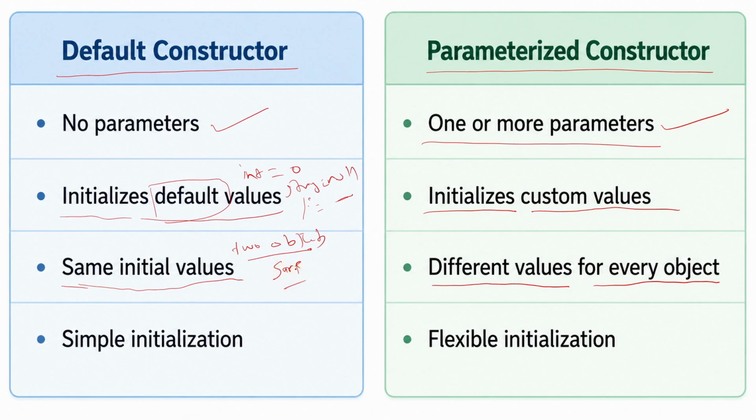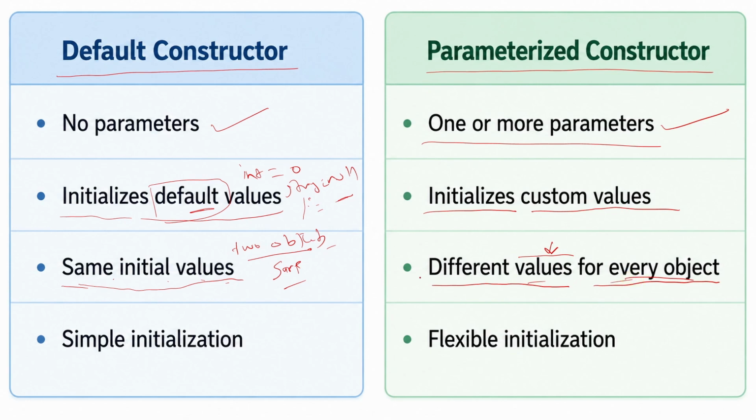Why the same? Because for both objects, the values will be default only. So same initial values for whatever number of objects we are creating using the default constructor. And for the parameterized constructor, different values for every object, because for every object creation line, we are passing different values for each object. So those values will get assigned for that object.